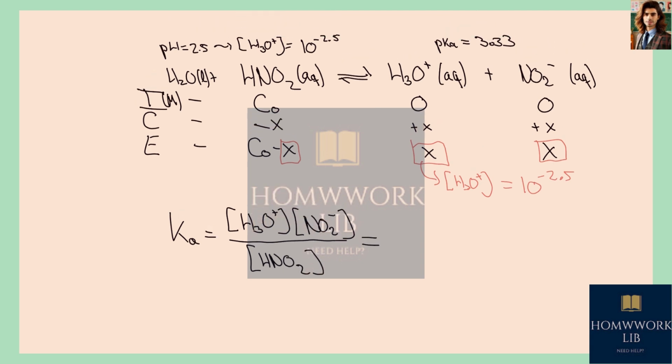Since the pKa is equal to 3.33, that means that we can get the value directly for Ka. And Ka is going to be 10 to the minus 3.33. Okay? So we can use directly that value.